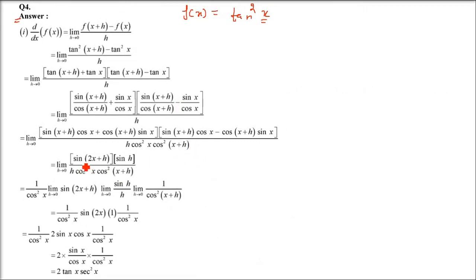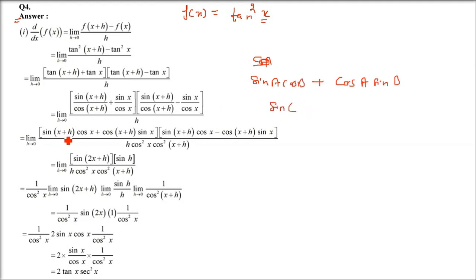So what we will do? We will use the formula. Sin a cos b plus cos a sin b is sin(a+b), and sin a cos b minus cos a sin b is sin(a−b).